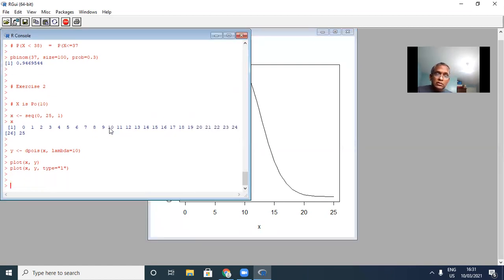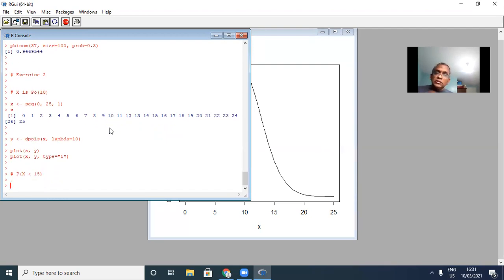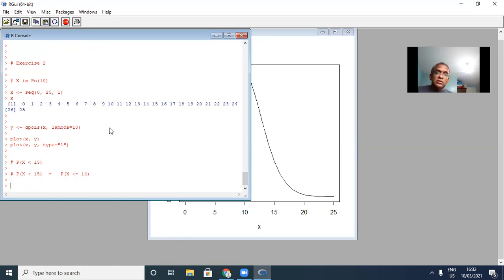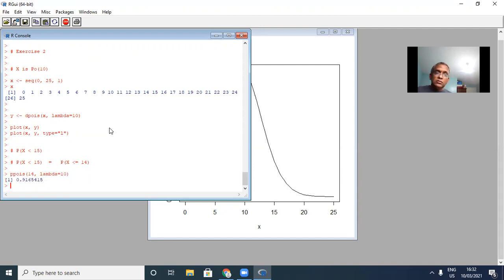The next part is to find the probability that X is less than 15. Because X can only take integer values, this is the same as X less than or equal to 14. To find this, you say ppois at 14 with lambda equal to 10.